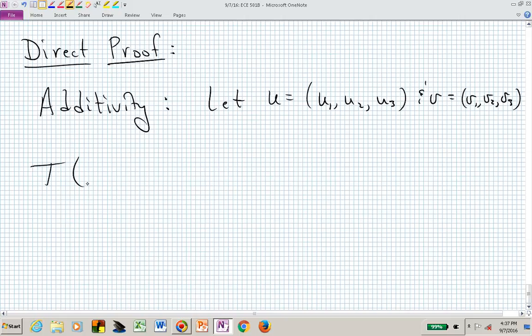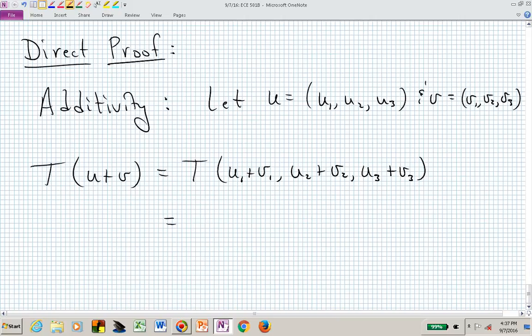We're interested in T of u plus v. And that's now T of (u1 plus v1, u2 plus v2, u3 plus v3).